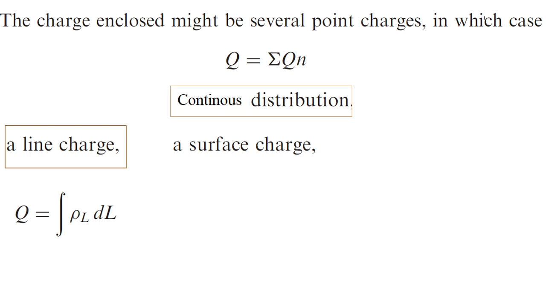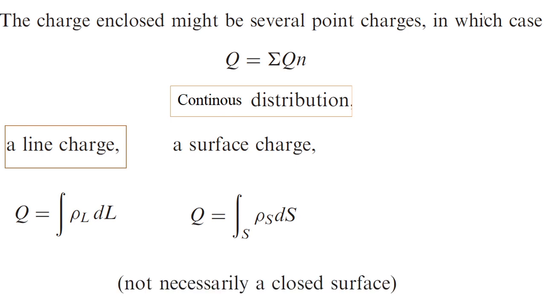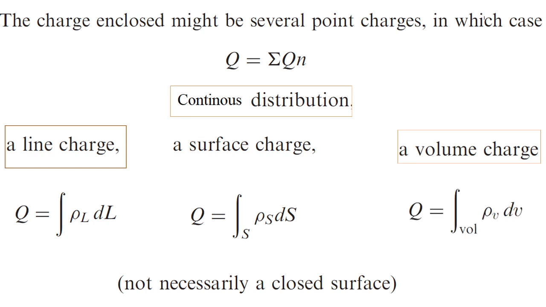In surface charge distribution, Q is equal to the surface integral of rho s dS. Rho s is surface charge density. Third one is volume charge distribution. In volume charge distribution, Q will be equal to the volume integral of rho v dv.